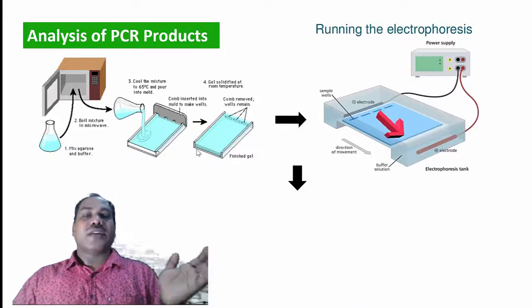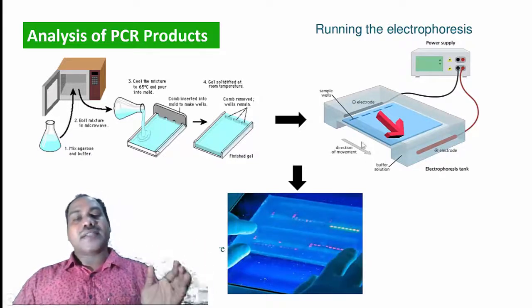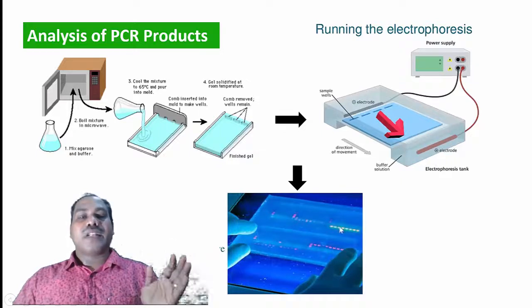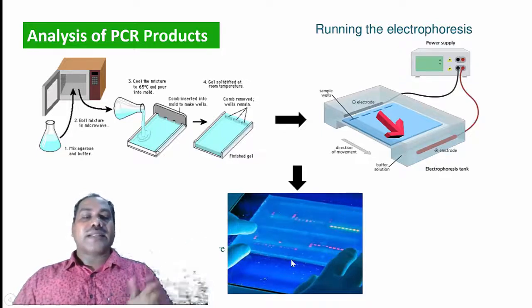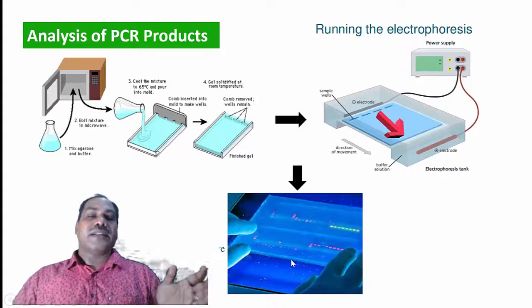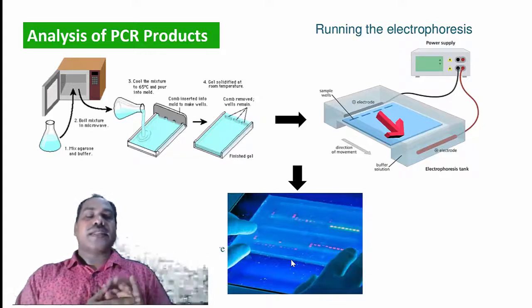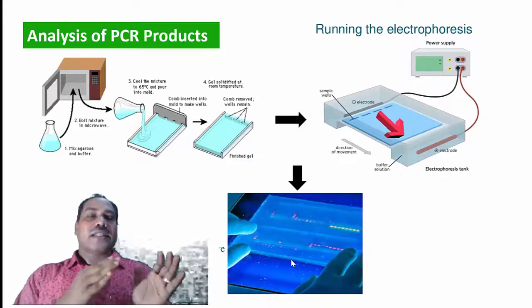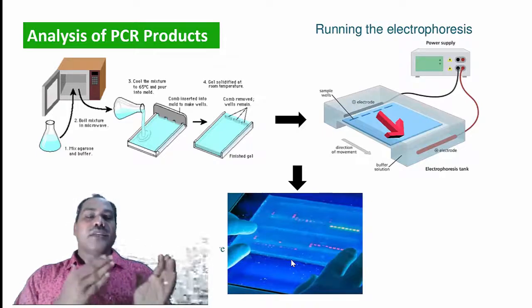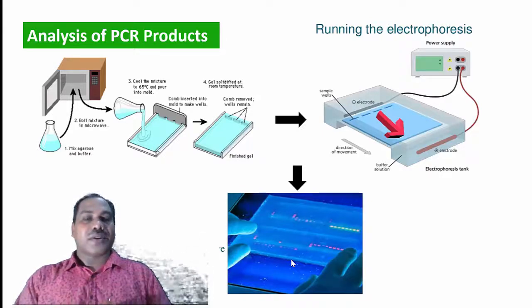After that, it is run in the electrophoretic unit, and then the different PCR products will be detected. The products are detected by UV light under the gel documentation system, and a photograph is taken. Then it can be used for the analysis of the PCR product.